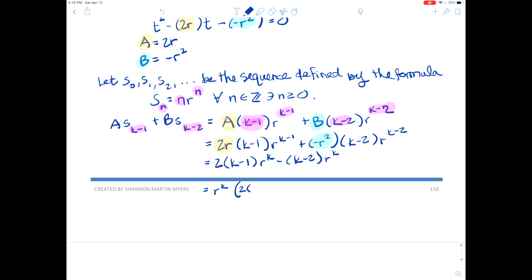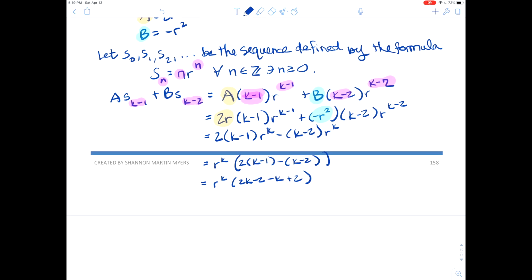We would have 2 times k minus 1 minus quantity k minus 2, which is r to the k times 2k minus 2 minus k plus 2, which is what? Beautiful. k r to the k, because all of this was equal to k. And that, of course, is equal to s sub k. Good so far?